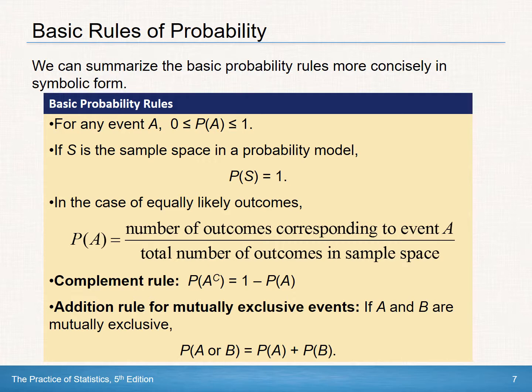The complement rule, the probability of A with a superscript of C, the complement of A, is 1 minus the probability of A. And the addition rule for mutually exclusive events: as long as A and B are mutually exclusive, that means that they don't ever happen at the same time, then the probability of A or B is equal to the probability of A plus the probability of B.